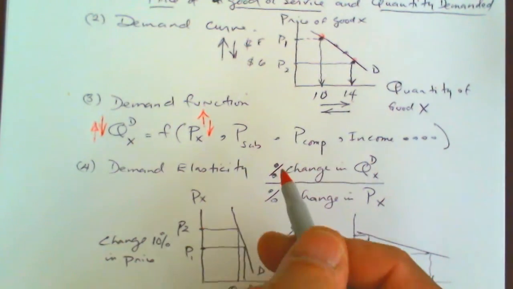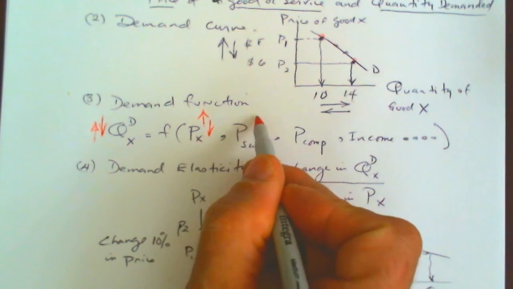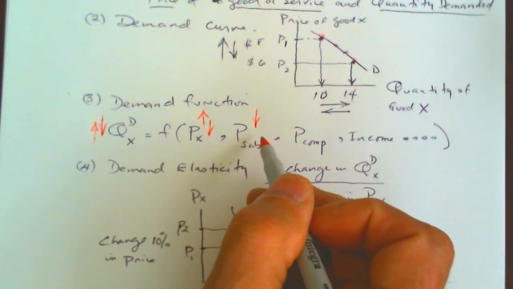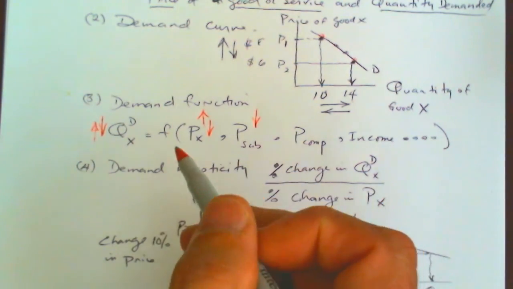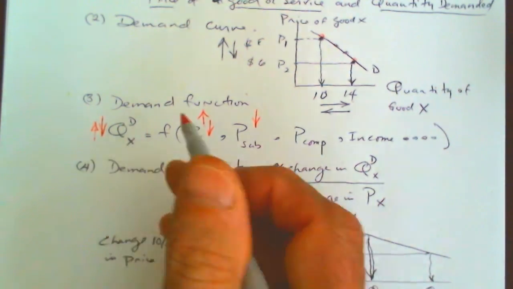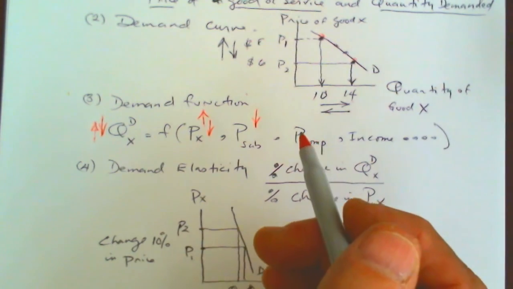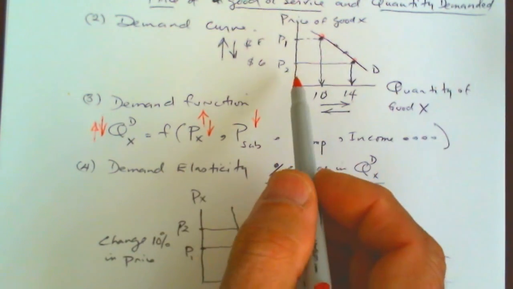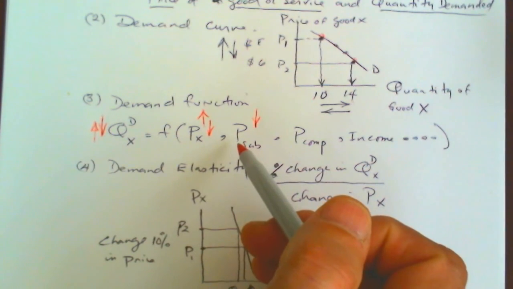Price of substitutes are interesting. If the price of substitutes go down, our consumers will switch away from the product like X into the substitute good. So it is not the price of the good X that has changed, but the price of a product that it competes with.